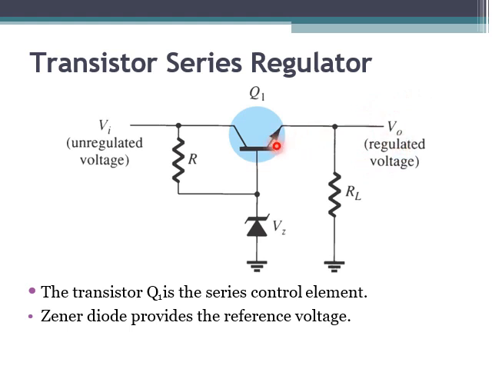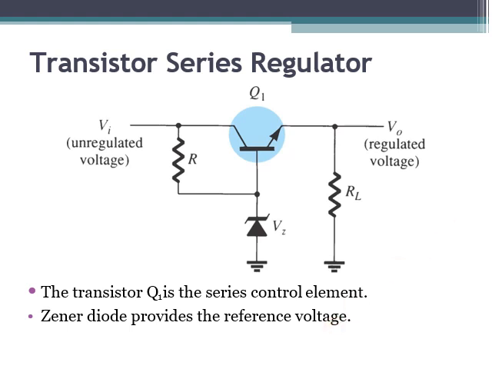Your transistor is connected between the input and output, as I showed in the previous circuit, the control element connected in between input and output. Now I have used the Zener diode here. Your Zener diode provides the reference voltage. It always acts as a regulator, so it will maintain a constant voltage.